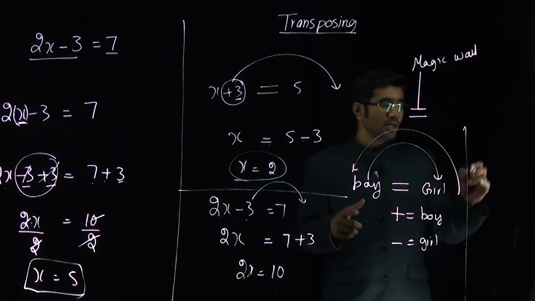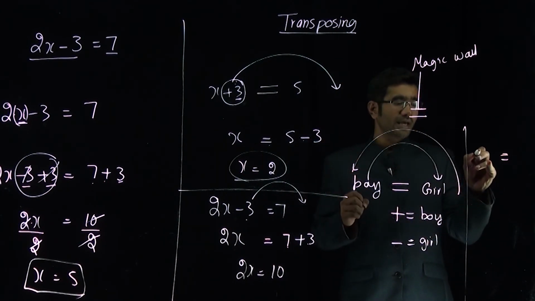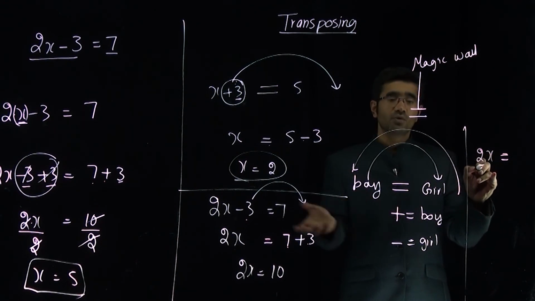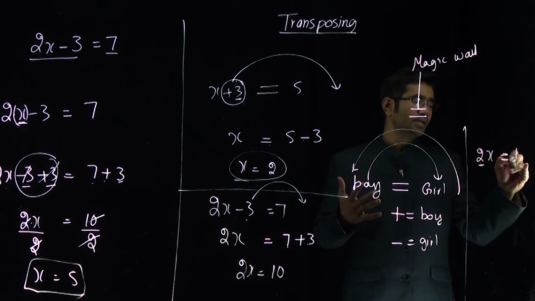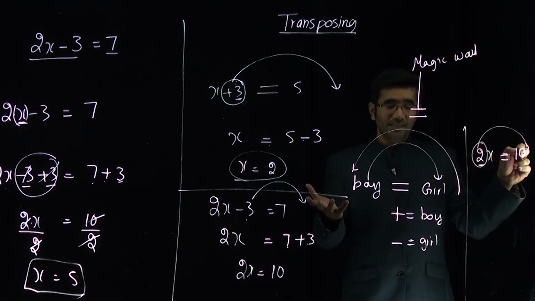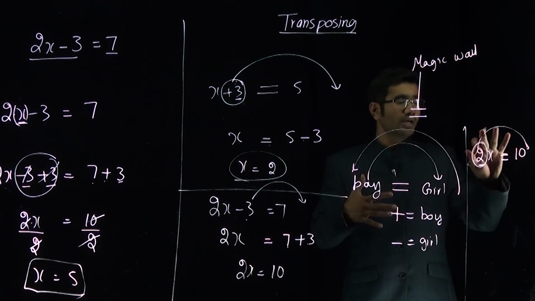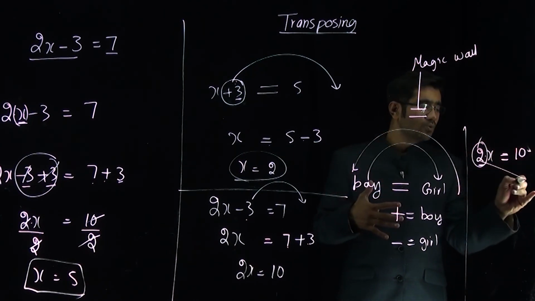Now there's another rule. If you have the equal sign, the magic is a little different. Anything which is multiplied with x, if it goes to the other side, let's say we have 10 here itself. When 2 jumps to the other side, basically when it is multiplied, it does not go as a minus 2 or a plus 2. It basically goes down like that.